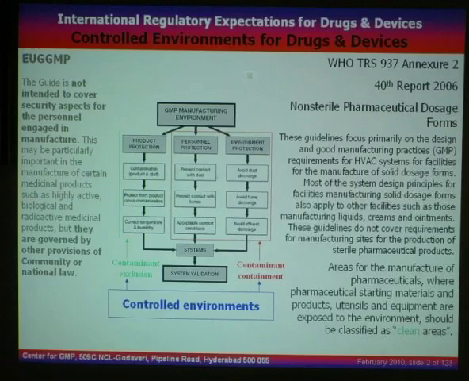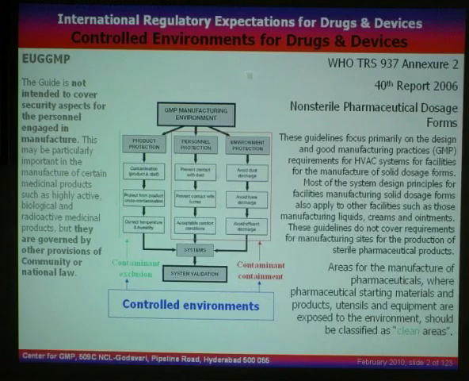These guidelines do not cover requirements for manufacturing sites for the production of sterile pharmaceutical products. Areas for the manufacture of pharmaceuticals where pharmaceutical starting materials and products, utensils and equipment are exposed to the environment should be classified as clean areas.